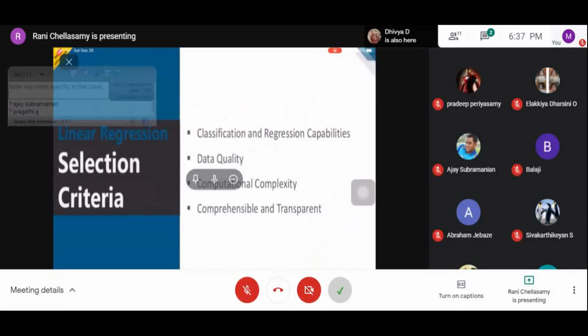The selection criteria that hold good for linear regression are classification and regression capabilities, data quality, computational complexity, comprehensible and transparent. These are the selection criteria to which we can apply the linear regression algorithm.